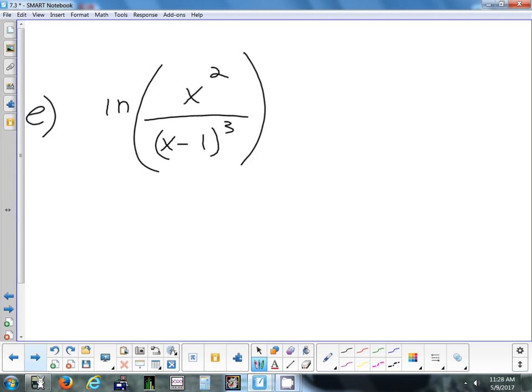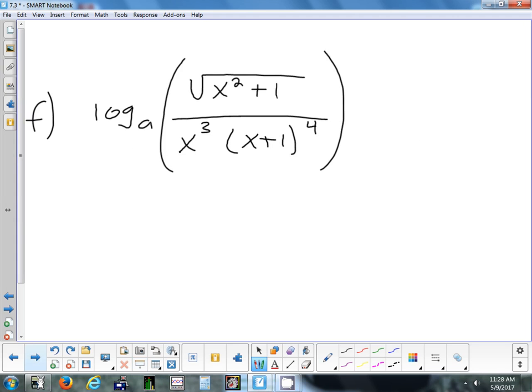All right, let's do this one. So this is about as hard of a problem as we can get to split logs. The first thing I do when I see that is I see a fraction. Always deal with the fraction first. You have something divided by something. So Jocelyn, if I split that up because it's division, how will it split?